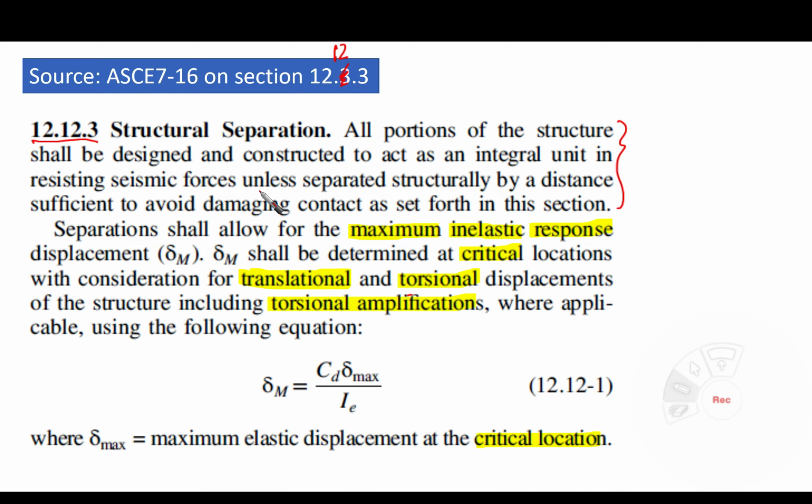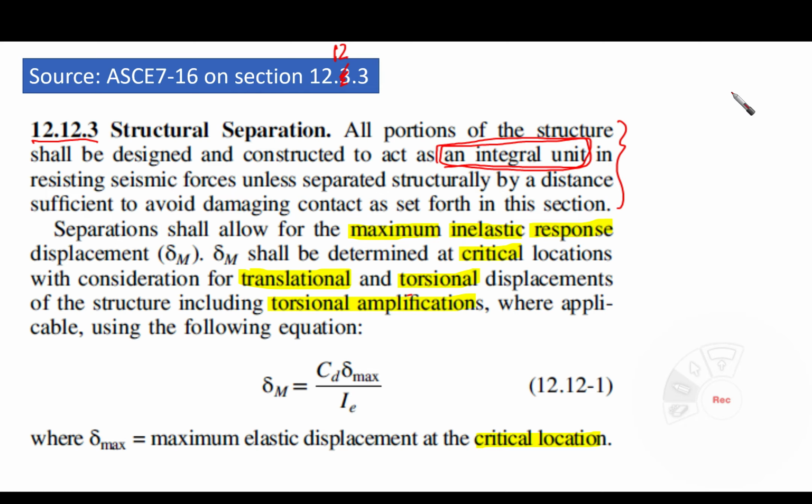Here the code is setting an important principle that in general we want the structure to be an integral unit, meaning that it should be connected together, however, in resisting the seismic forces.